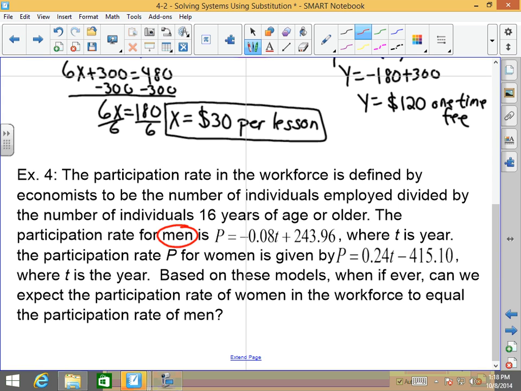The participation rate, P, for women is given by P equals 0.24T minus 415.10, where T is the year. Based on these models, when, if ever, can we expect the participation rate of women in the workforce to equal the participation rate of men?